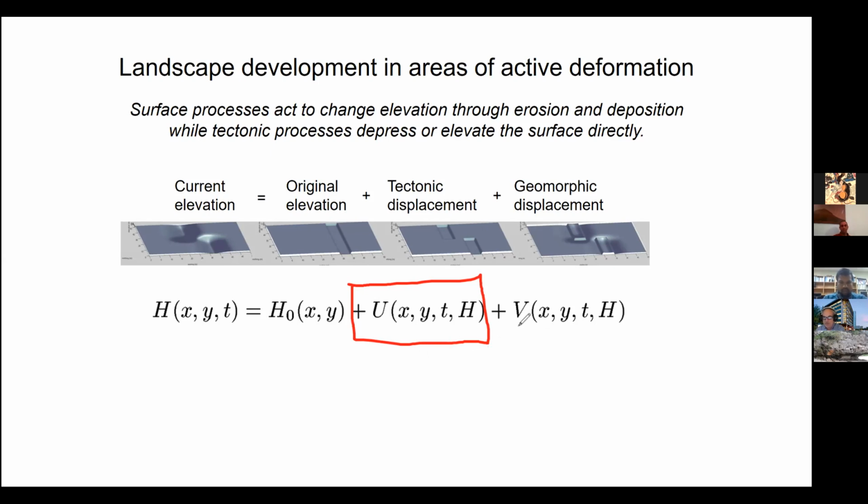But the problem is we have to see through the geomorphic displacements. So the other thing we can say is, if we can understand the geomorphic displacements, we can exploit them to improve our understanding of the tectonic displacements. That's how I like to think about this. This is just a little cartoon of an offset channel, but the concept will apply in general. We always like to say that surface processes act to change elevation through erosion and deposition, while the tectonic ones can depress or elevate the surface directly.